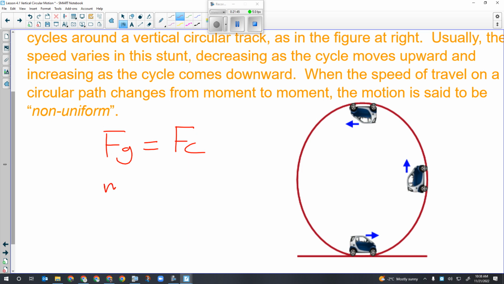So, if I knew the radius of the circle, could I calculate what the minimum speed for that circle would be? I could. I just plug in whatever my radius value was for r and solve for v, because what would happen to m? It would cancel. The minimum speed of a circle is not dependent on the mass of the person in it. It's dependent on the radius of the circle and gravity.